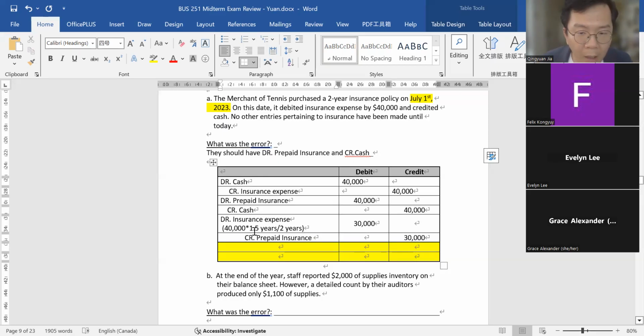And if you combine all of this together, you get the condensed one: debit prepaid insurance, and credit insurance expenses.